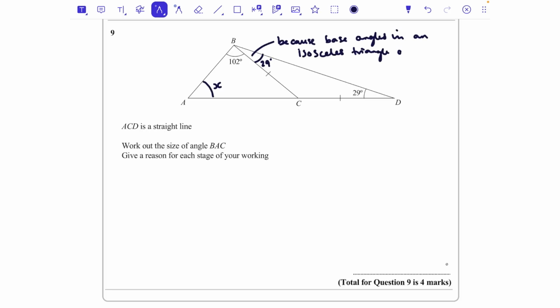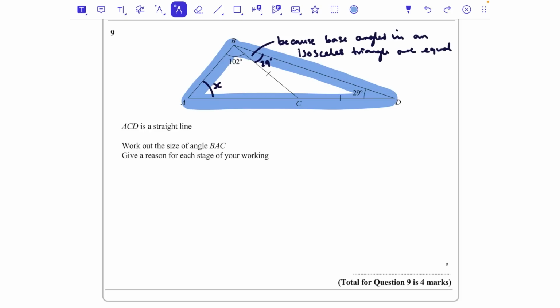are equal. And now there are a couple of different ways you could go from here. You could go to this angle and then go to this one and then add this up to 180, but I'm just going to go straight and look at this entire triangle as a whole, because I've got all the other angles inside that triangle. So I know that this one's 29. I know that this one is 102 and 29 combined.